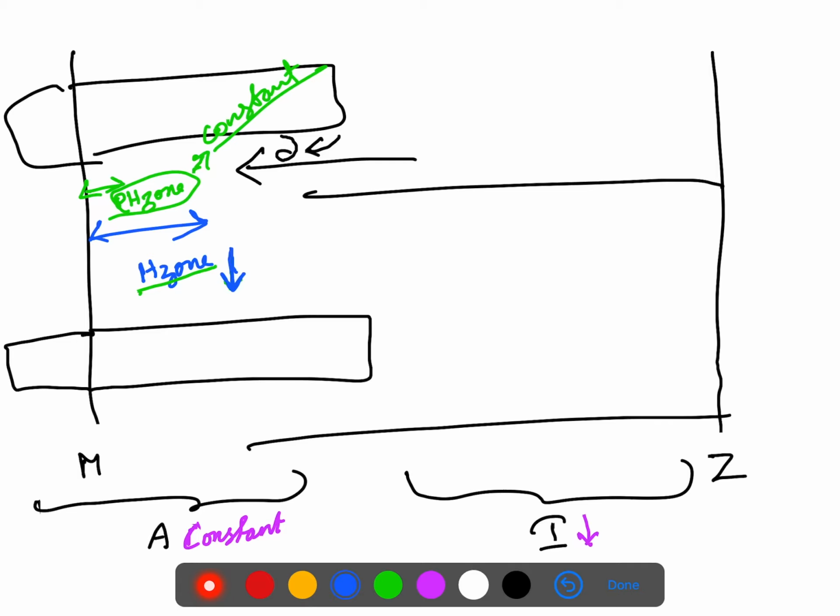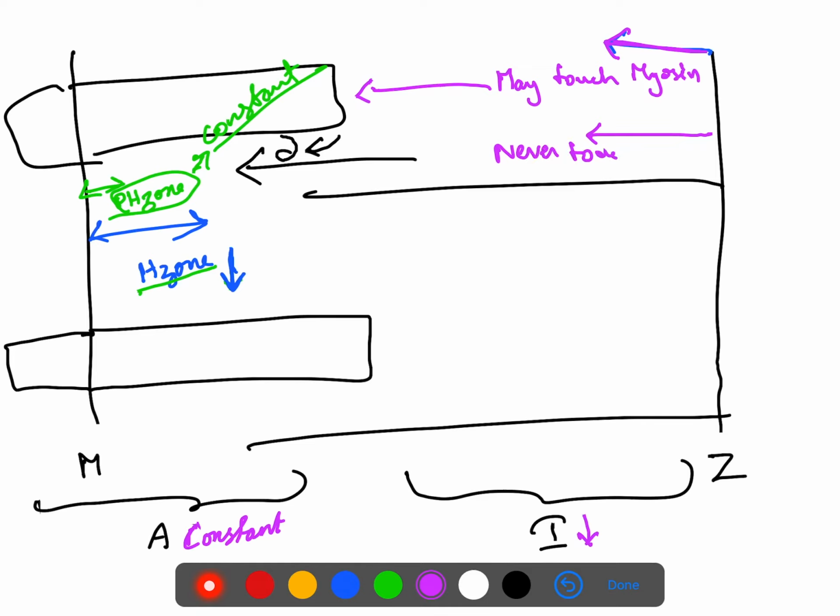With full contraction, the H zone will diminish or disappear. And the Z line may touch myosin, but the Z line never touches the M line.